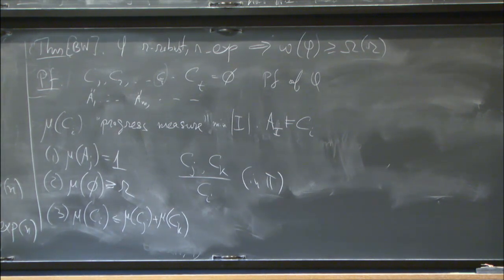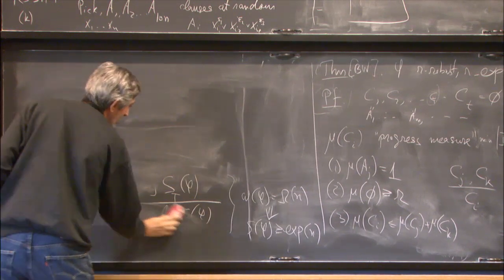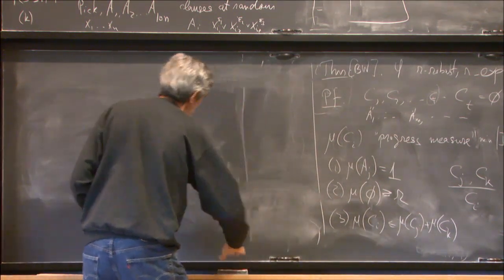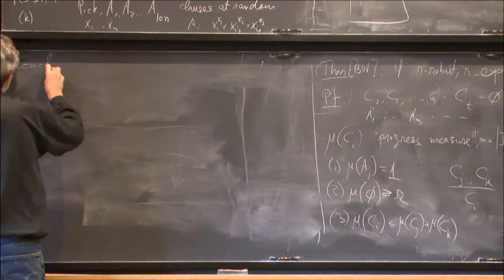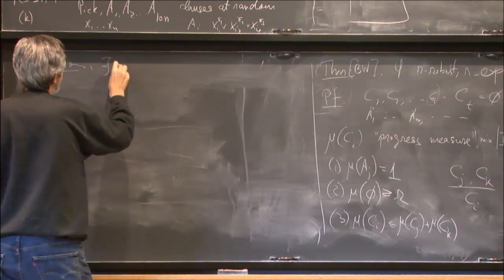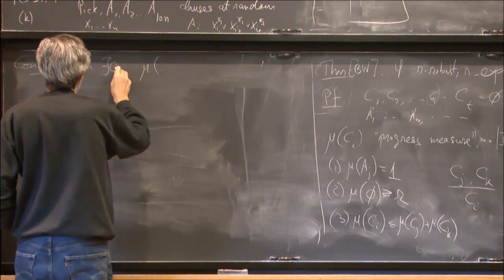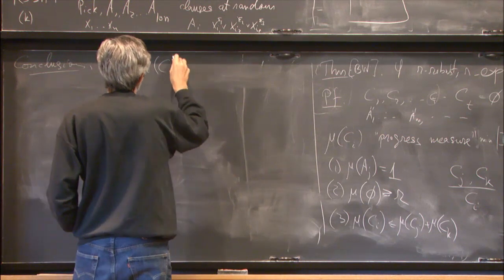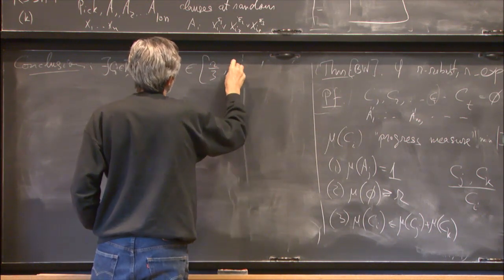Okay, so this is obvious. What are we going to conclude from this? That there must be a clause with intermediate mu value. So, conclusion, just from the fact that it's a progress measure, there exists a Ci in the given proof pi so that mu of Ci is between R over 3 and 2R over 3.